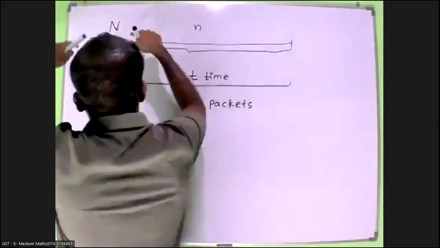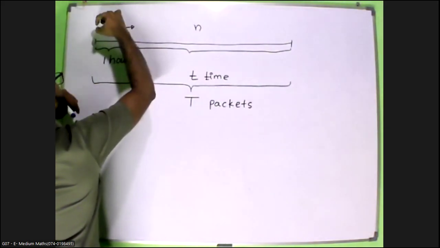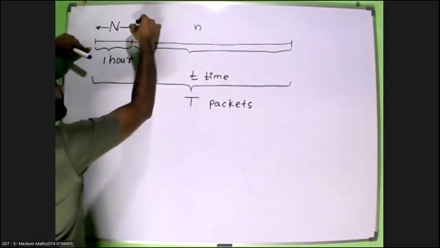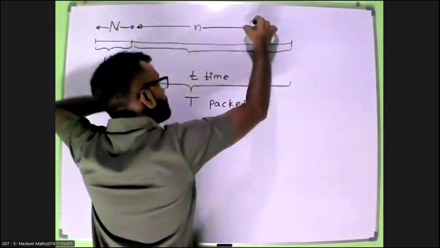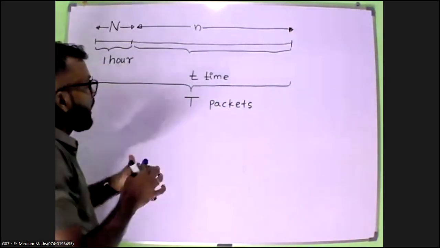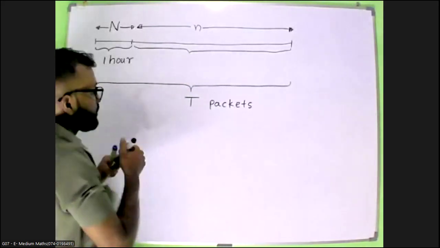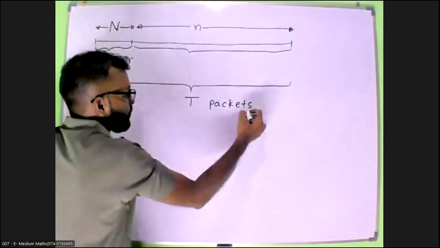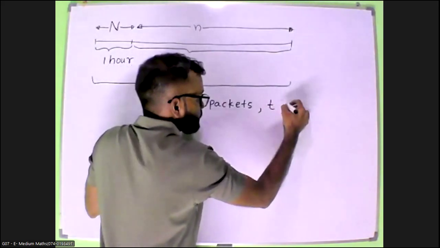In the first hour they are producing capital N packets, and after the first hour small n packets. Capital T packets have been produced in small t time.